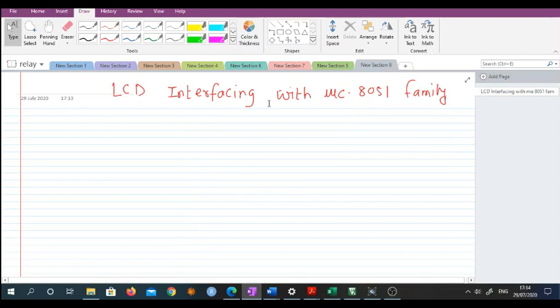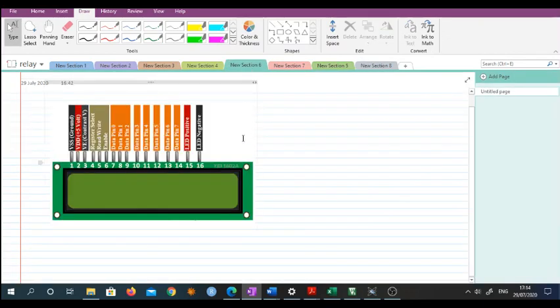Now when we are looking at LCD interfacing with the 8051 family, it is very necessary to first of all understand the pin diagram. So this is the pin diagram of the liquid crystal display. It has a total of 16 pins.